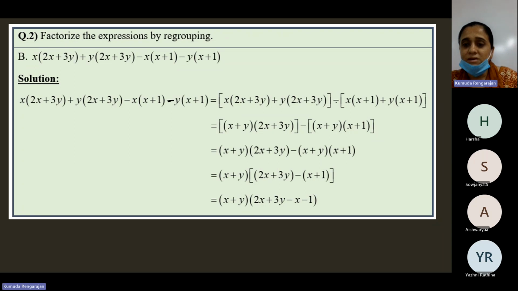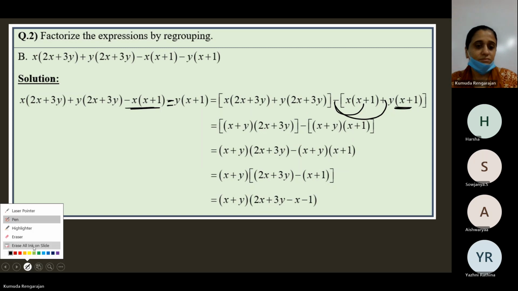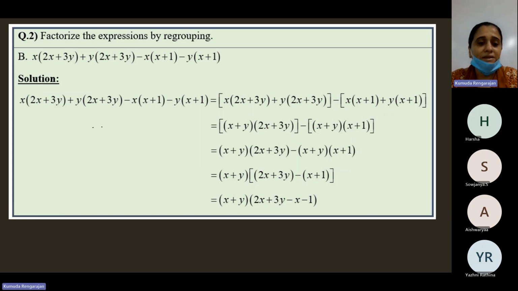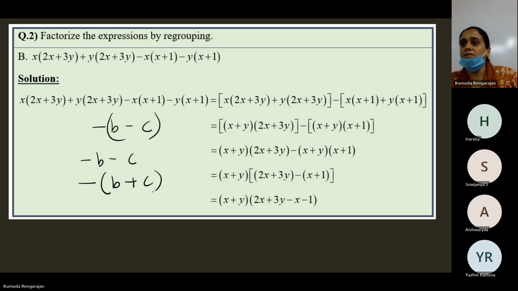Because minus into this one, the third term, minus into plus is minus, and the fourth term. If you have minus B minus C, you cannot just put a bracket like this. When you take out a minus, in the bracket you will have minus B, minus into plus is minus C, so B plus C.